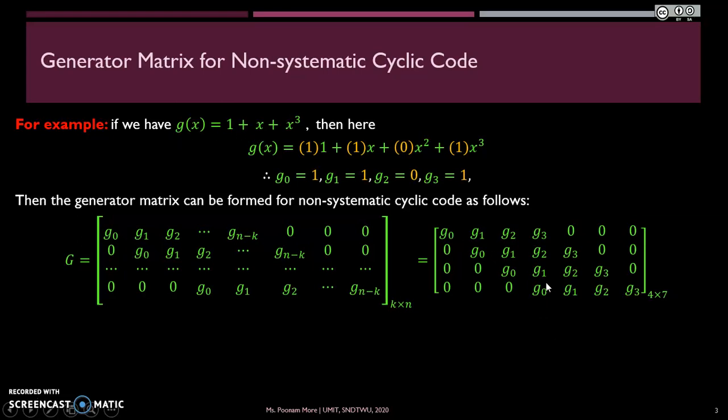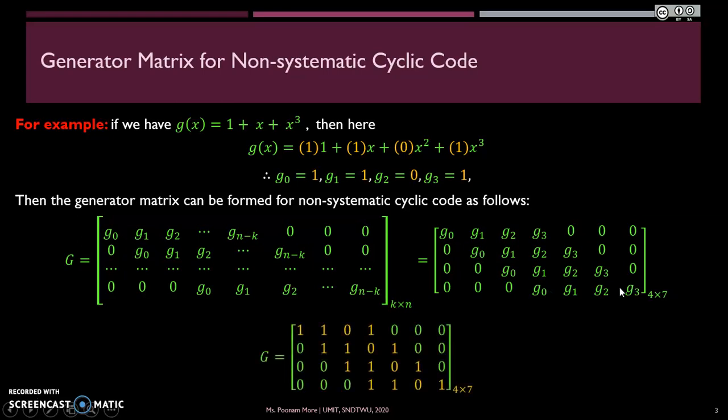Now by substituting the values of these coefficients, you can get your final generator matrix. And this matrix, if you observe, is in non-systematic form, as it represents the generator matrix for the non-systematic cyclic code.